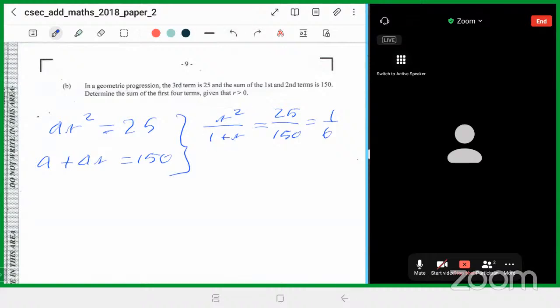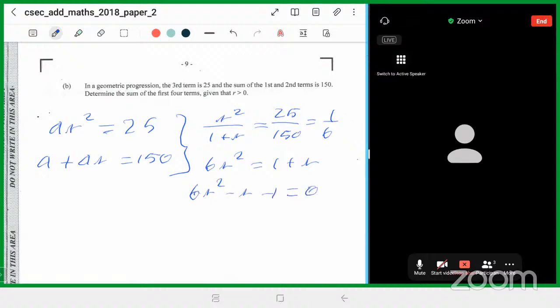So I'm going to solve that by cross multiplying. I get 6R squared equals 1 plus R. Carry them over to get a quadratic: 6R squared minus R minus 1 equals 0.